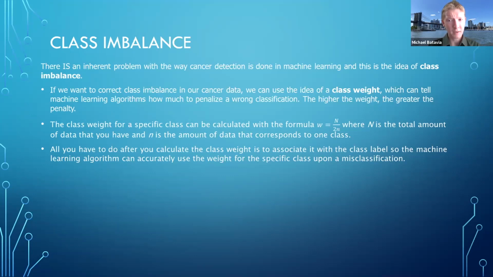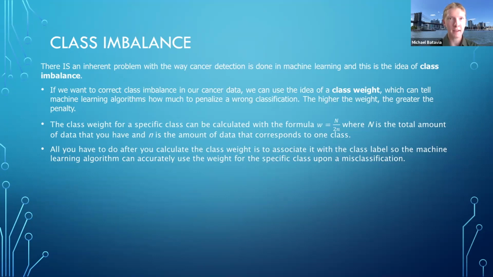So the natural question we ask ourselves is, how do we correct this? How do we correct this imbalance in our data, which we can't really change? So we can use the idea called a class weight. Now, in machine learning, usually when the neural network makes a mistake, it's going to penalize itself.